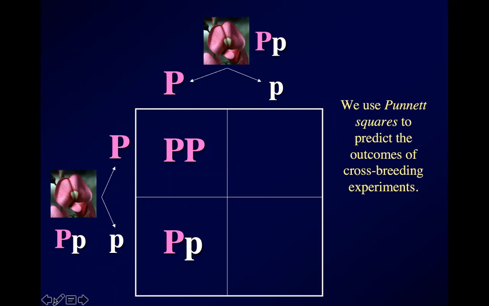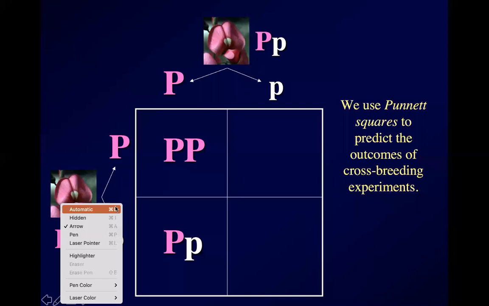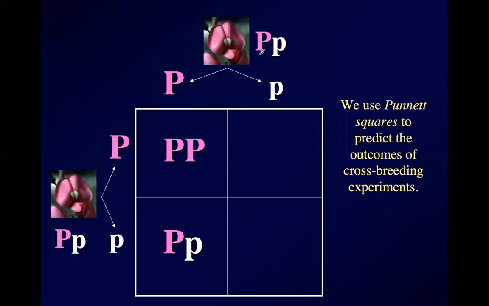Each parent can pass on one or the other, but not both of each of its genes. So this pea plant up here can pass on either its big P allele or it can pass on its little p allele. It cannot pass on both.